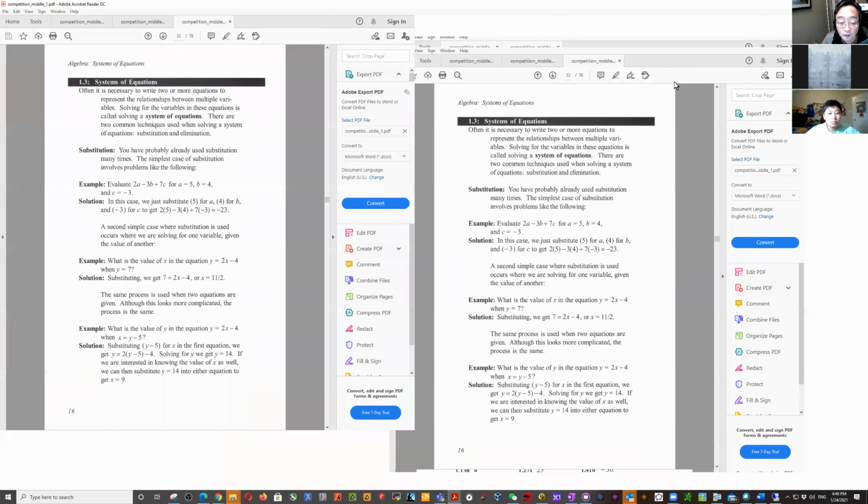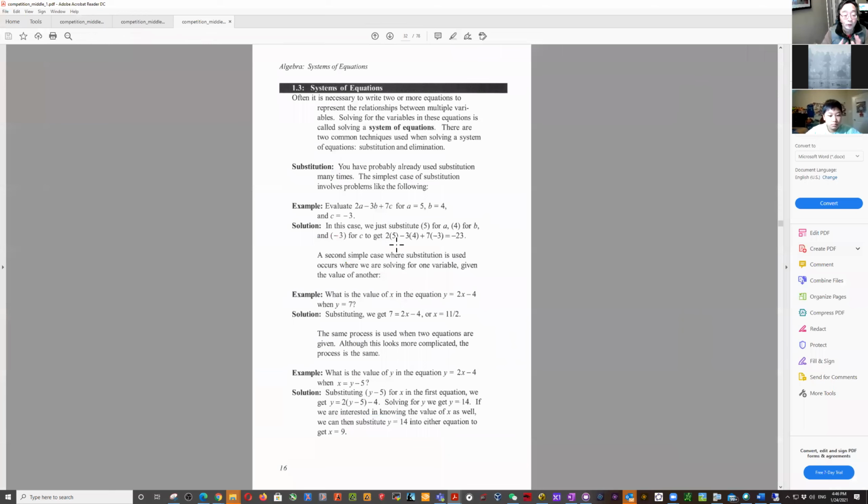So this is the system of equations. A system of equations is just having two or more equations to represent the relationship between multiple variables. Solving for the variables of the equations is called solving the system of equations. There are two common techniques used in solving a system of equations.